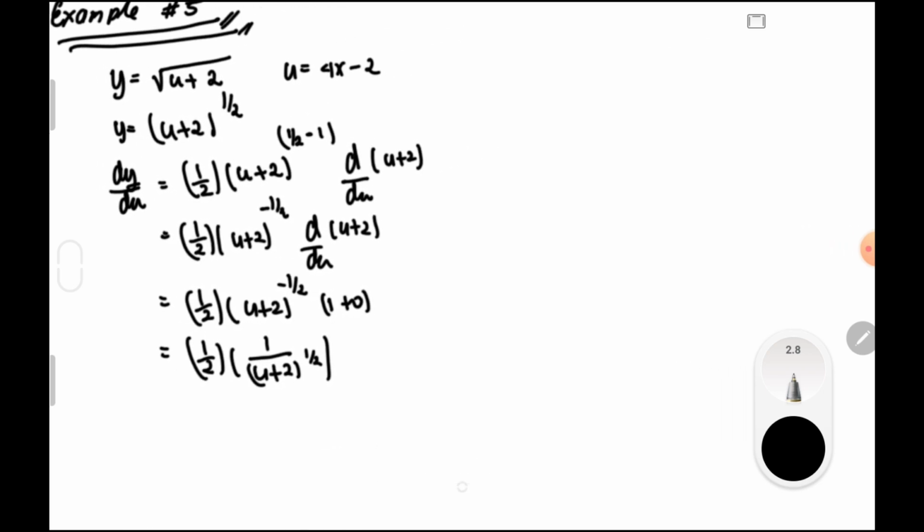Also, since our u is equal to 4x minus 2, so therefore we have du over dx is equal to the derivative of 4x minus 2 with respect to x, so we'll have 4.